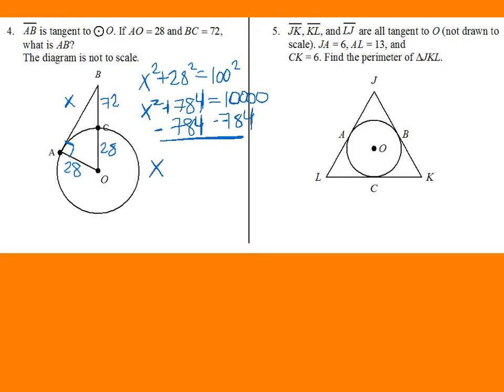And we get x squared is equal to 10,000 minus 784, which gives us 9,216. And to solve, we're going to take the square root of each side. So x is equal to 96.